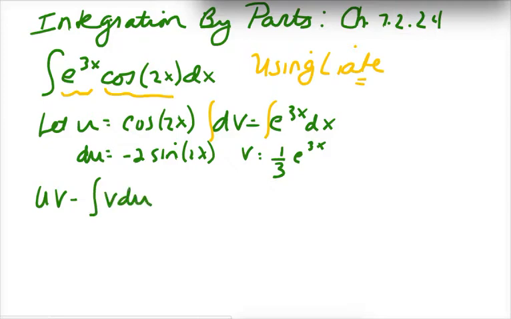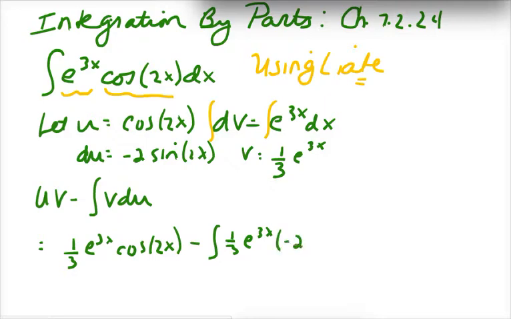So let's put that together, and you've got u times v, which is 1/3 e to the 3x cosine of 2x, minus the integral of v du, which is minus 2 sine of 2x dx.